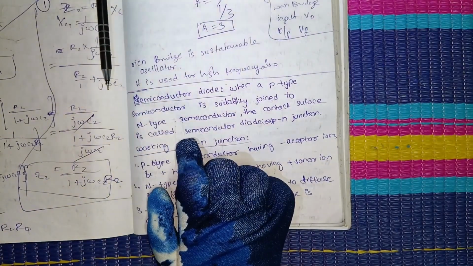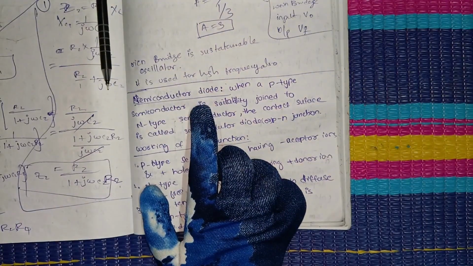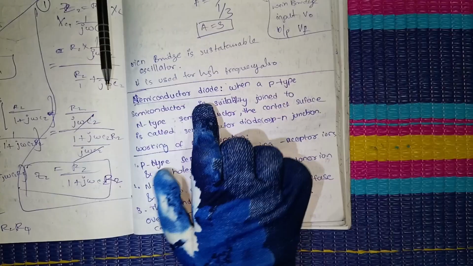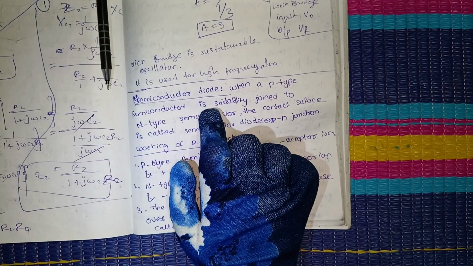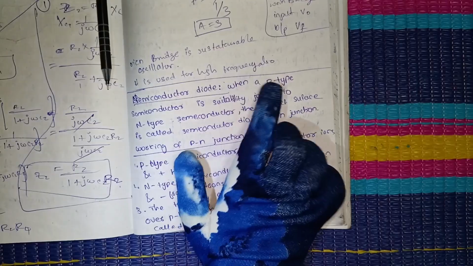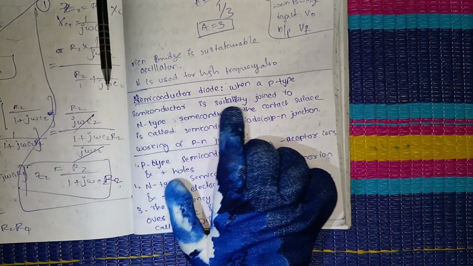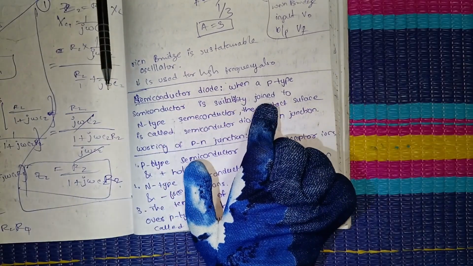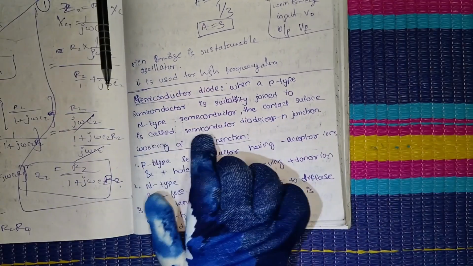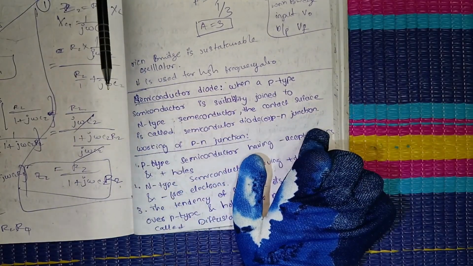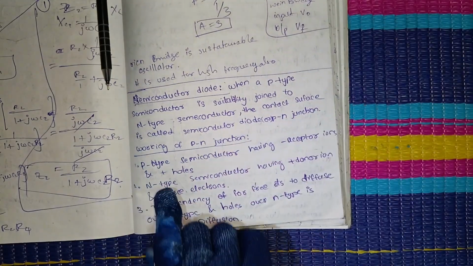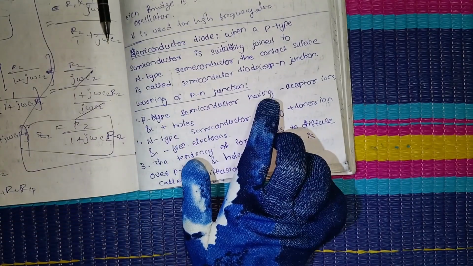Here, what is semiconductor diode? It means when a p-type semiconductor is suitably joined to n-type semiconductor, the contact surface is called semiconductor diode or PN junction. And then we will see the working of PN junction.